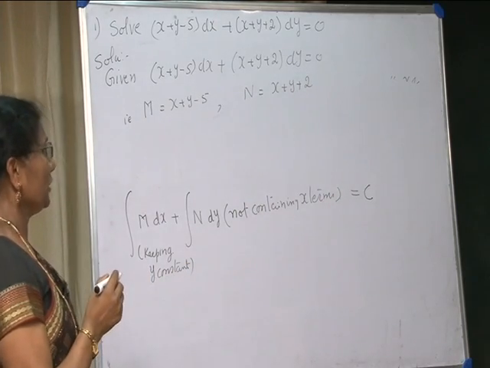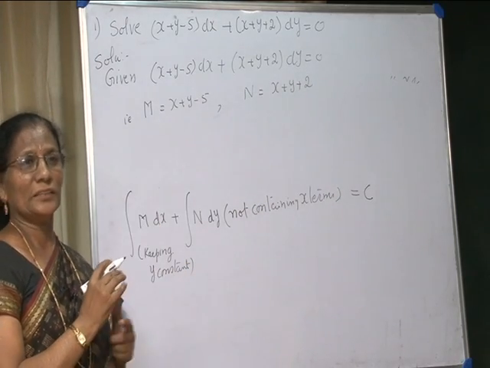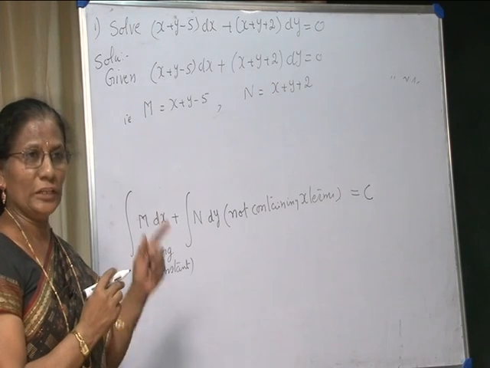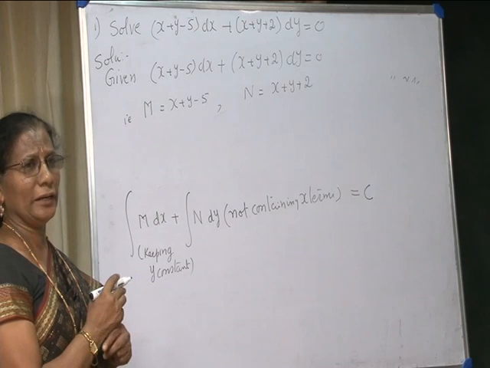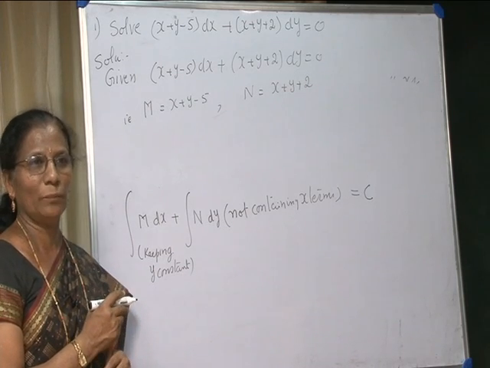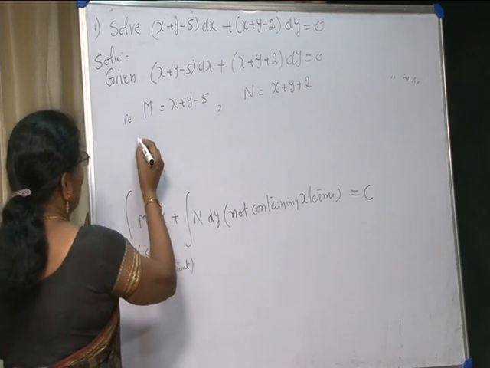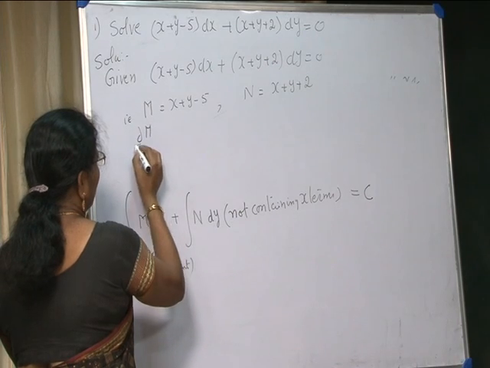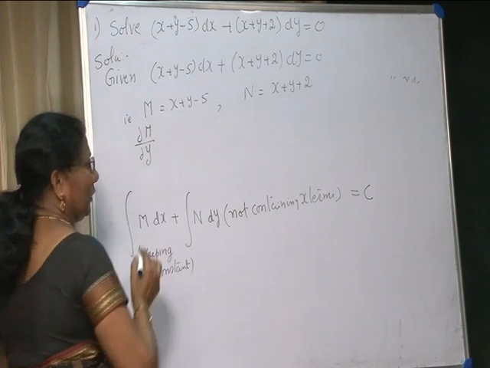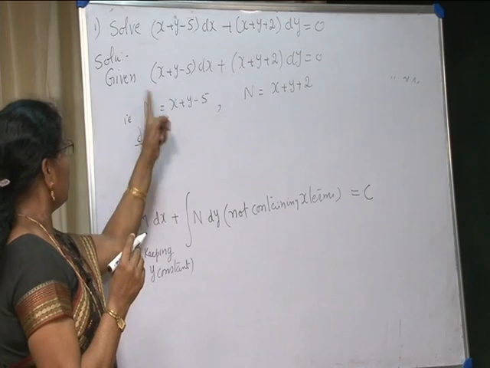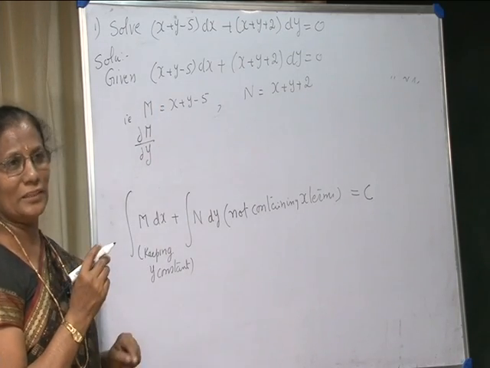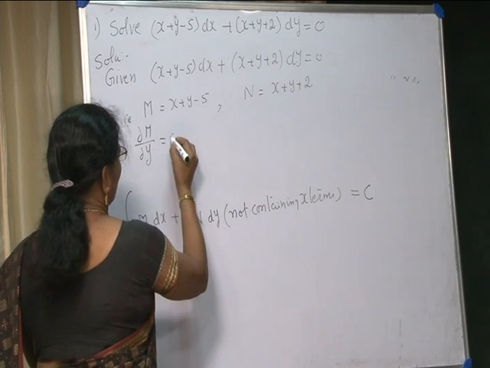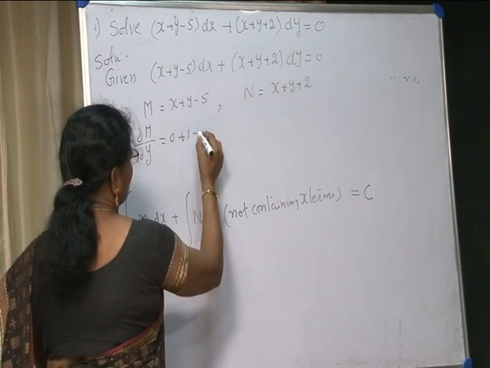So, we have to see first whether it is an exact equation or not. If it is exact, it has to satisfy delta M by delta y is equal to delta N by delta x. So, delta M by delta y, that means differentiate M with respect to y keeping x constant, constant is 0, plus 1.